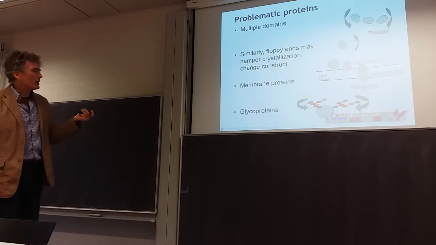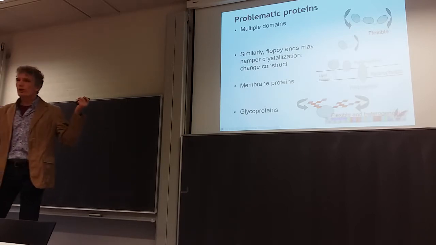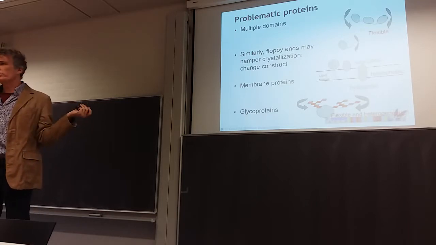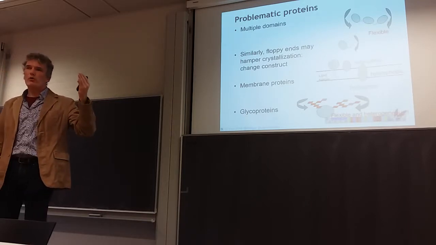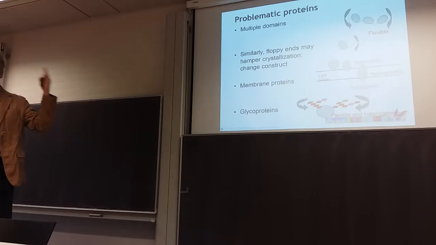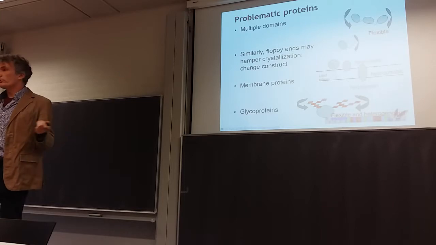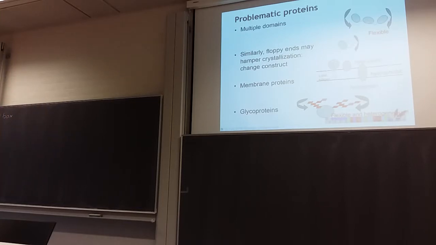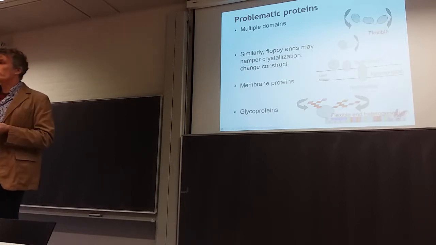The other part is, well, I say glycoproteins here. This is the major class, but it should actually be post-translational modifications, because there are lots of things that are done on or to the protein after it's been synthesized on the ribosome that could be very important for its functional role, particularly in insect and mammalian cells, so higher eukaryotes. They have a lot of these post-translational modifications.